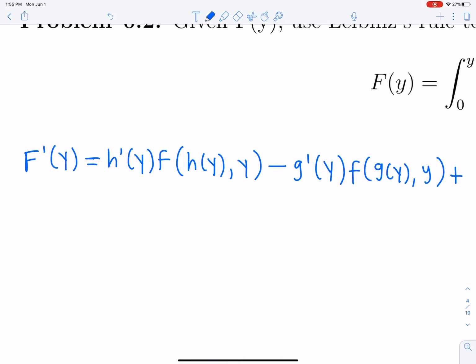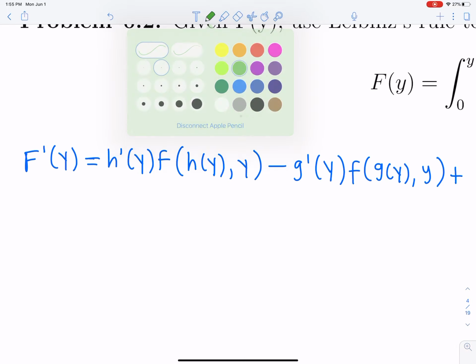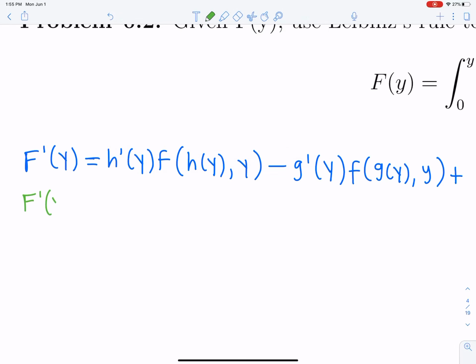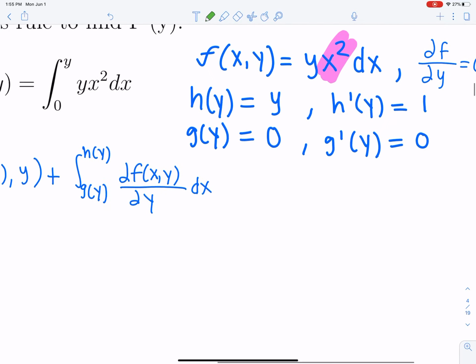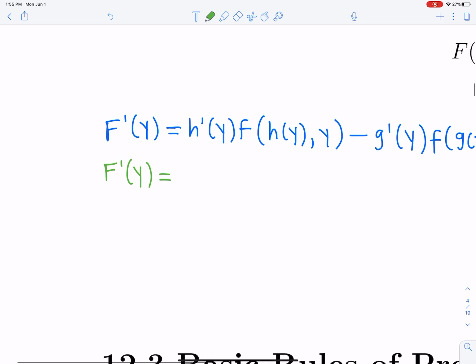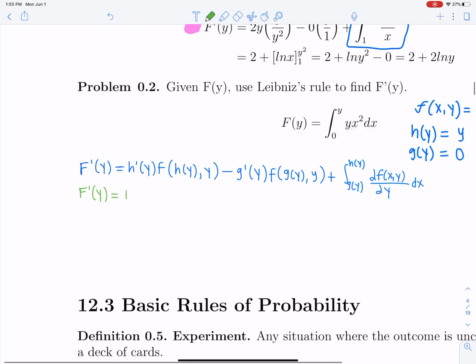So I'm going to just write mine now below in a different color. So h prime of y, if you recall, was 1. I'll zoom out. So we have 1. And so when they say f of h of y, comma y, our f of x, y, we remember, was y x squared.